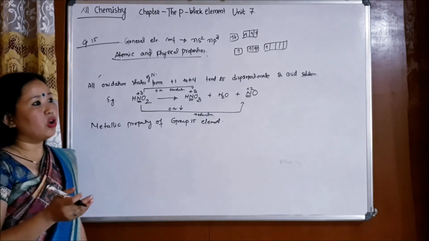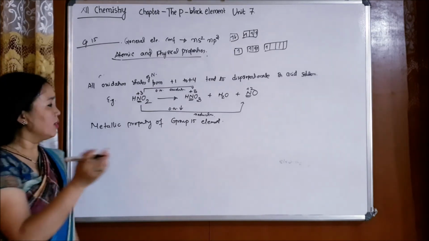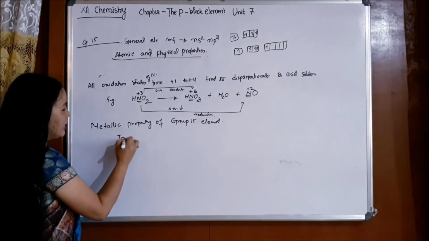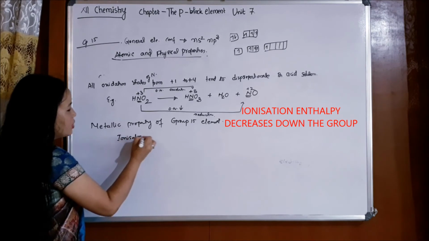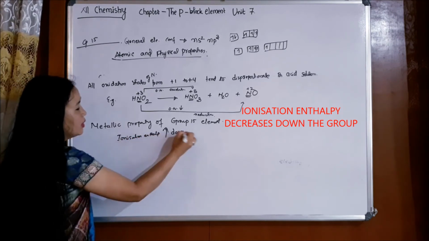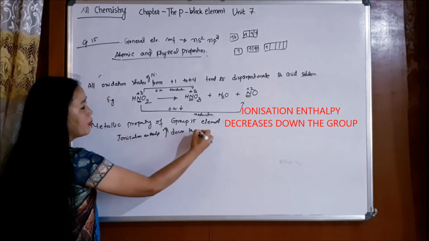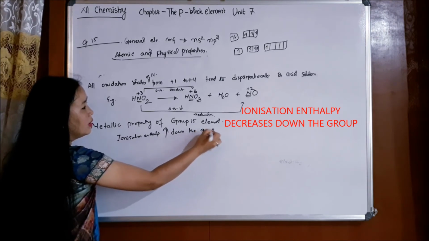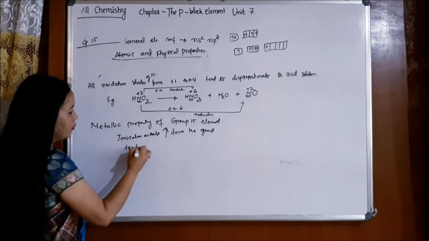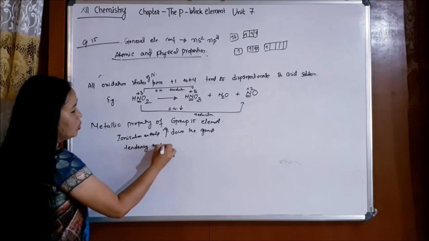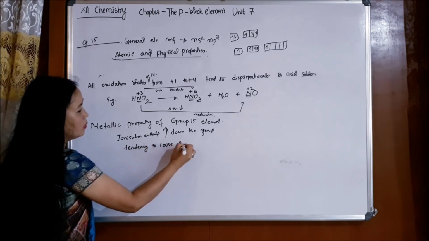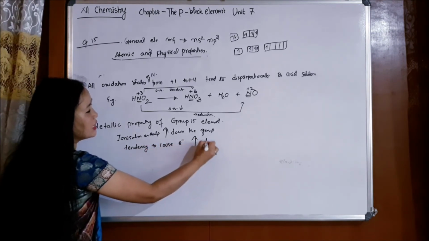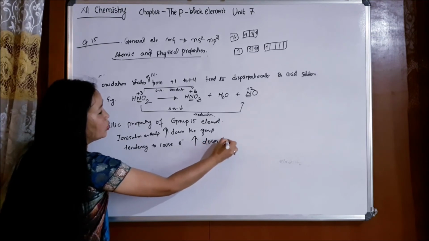Now, as we have already discussed, what will happen to the ionization enthalpy, that is, the tendency to lose electron? It also increases down the group.